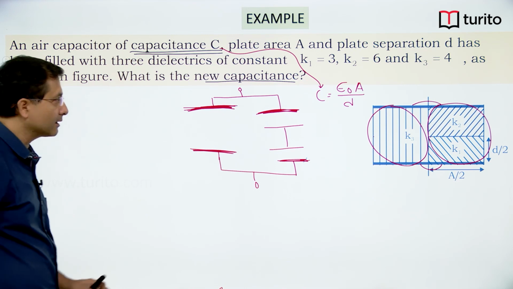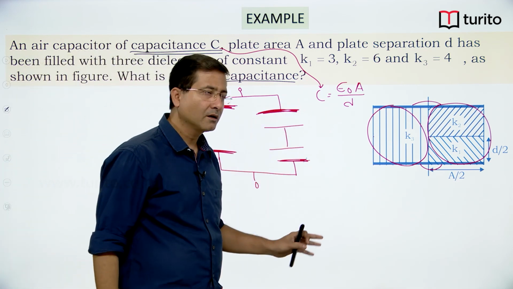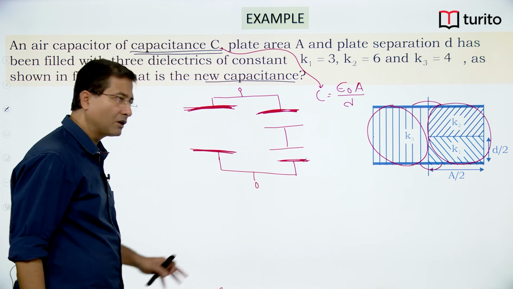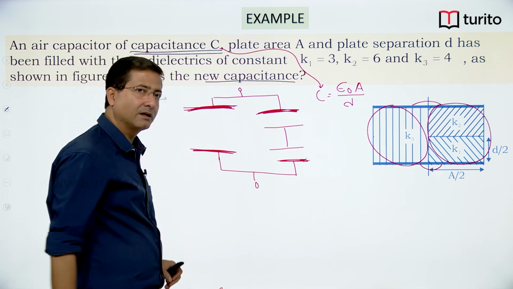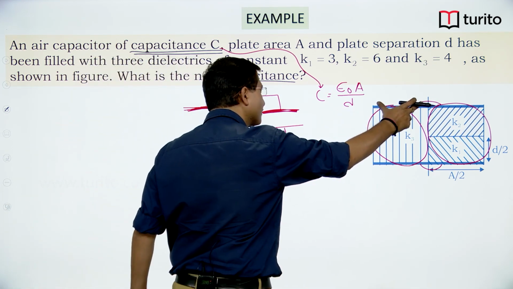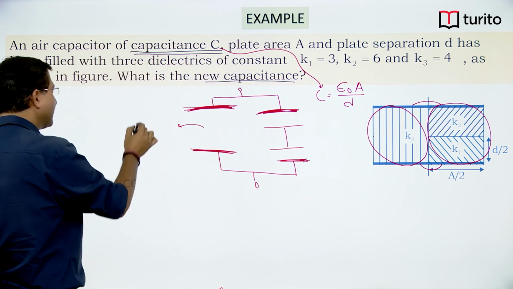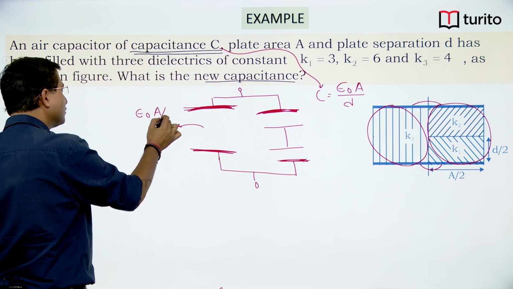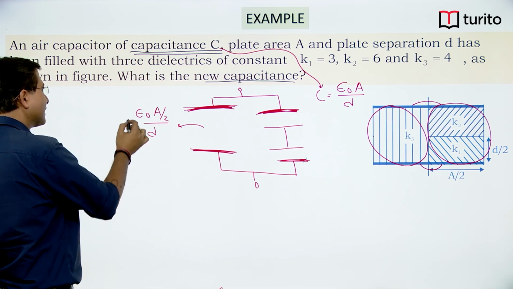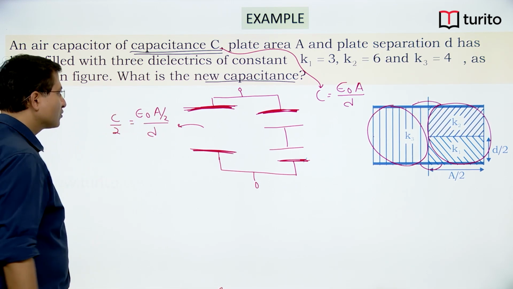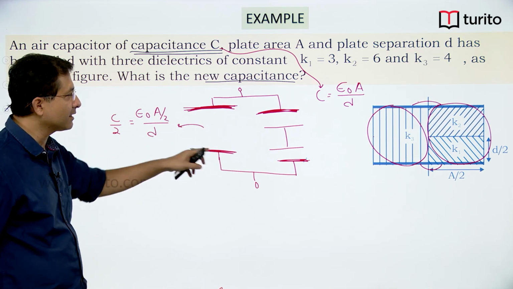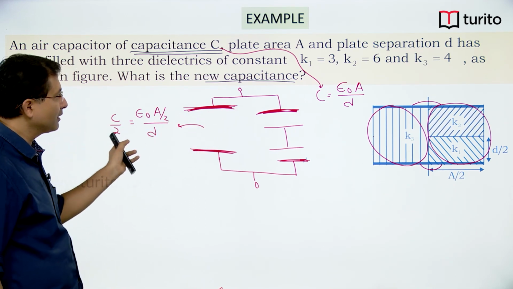When there is no dielectric, capacitance was epsilon naught A by D. Now, without dielectric, what would be the capacitance of this one? Area has become half, separation is D. So for this capacitor, I will write epsilon naught A by 2 divided by D, that is nothing but C by 2. So the capacitance of this empty space arrangement is C by 2.